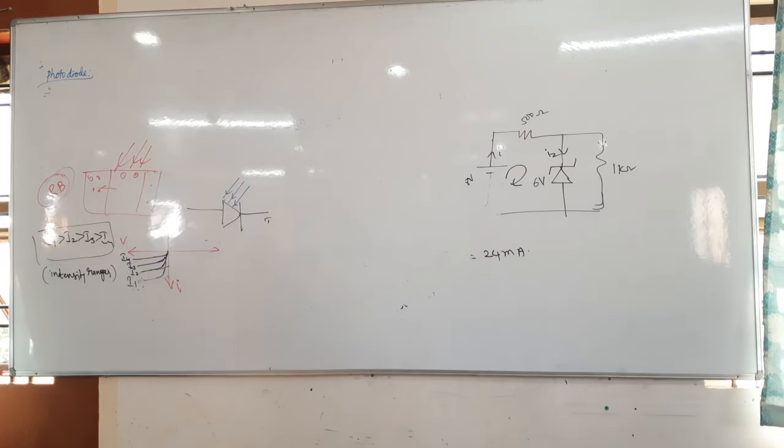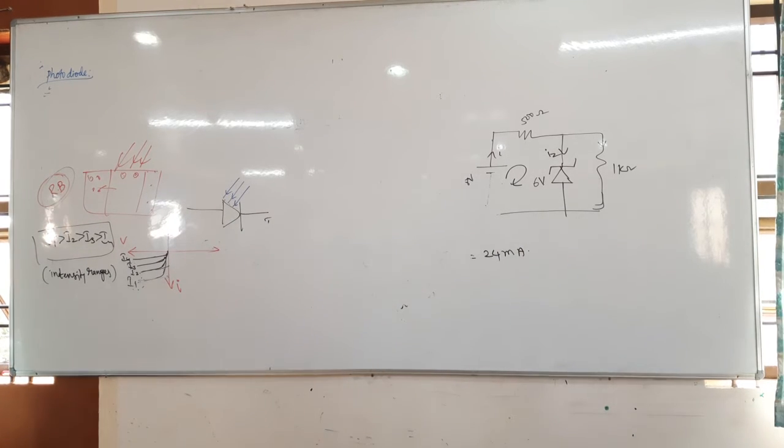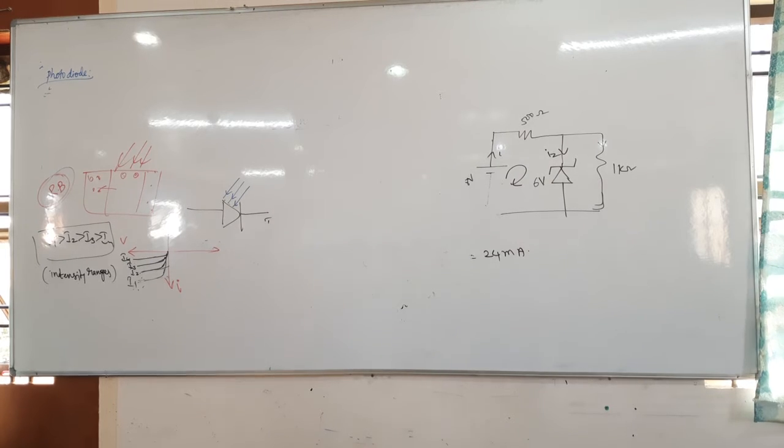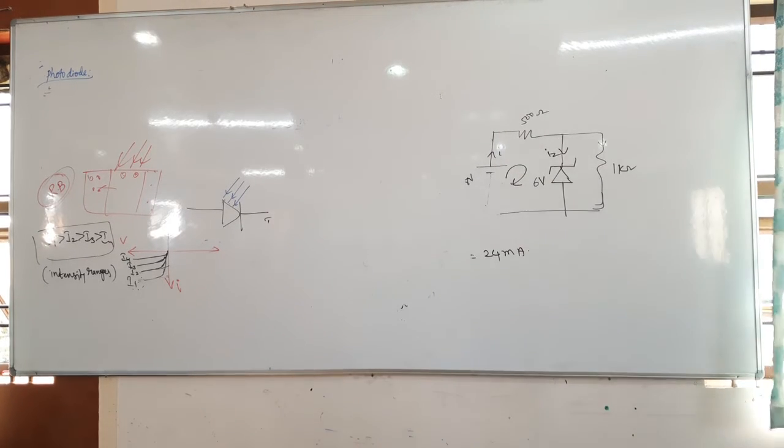The light falling with more intensity gives more current.